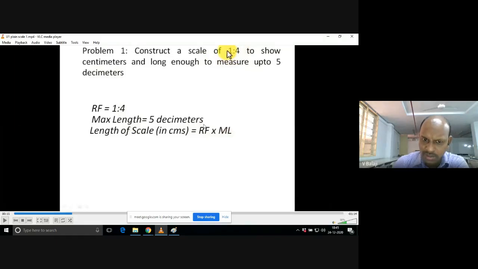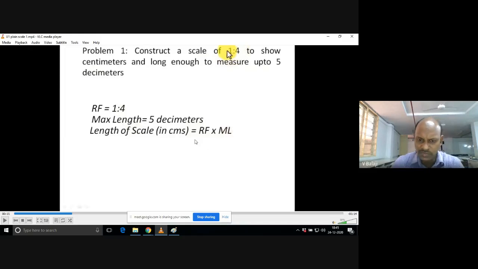That is the designed scale length. Length of the scale in centimeters is equal to RF multiplied by maximum length to be measured. Are you following?